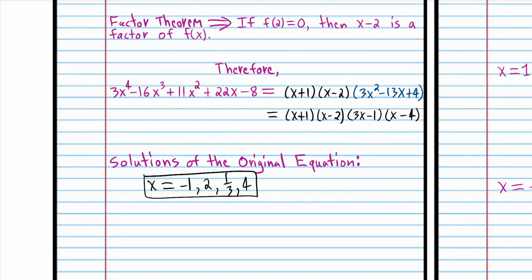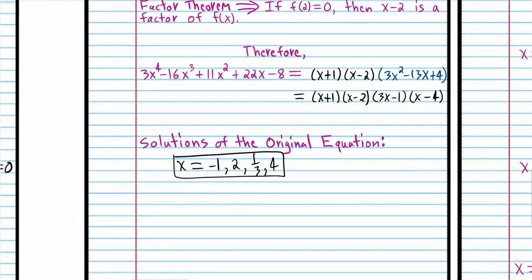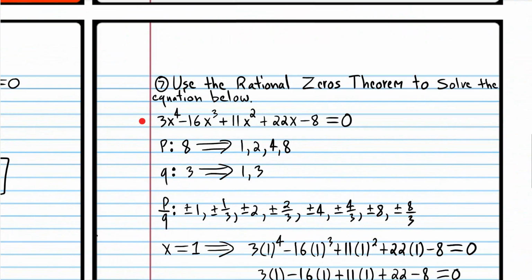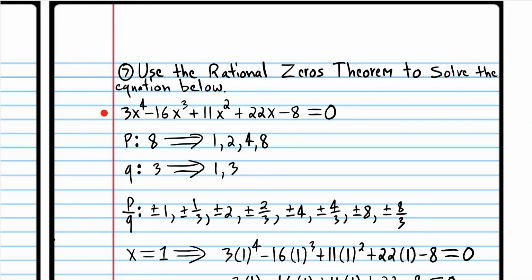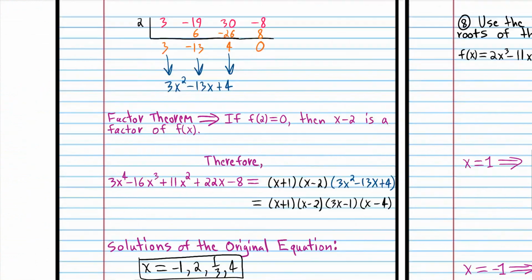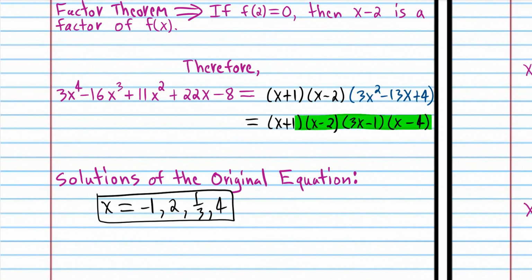So just to be clear, what happened here, we had a polynomial equation, and we took this expression here and we factored it into a product of 4 factors.